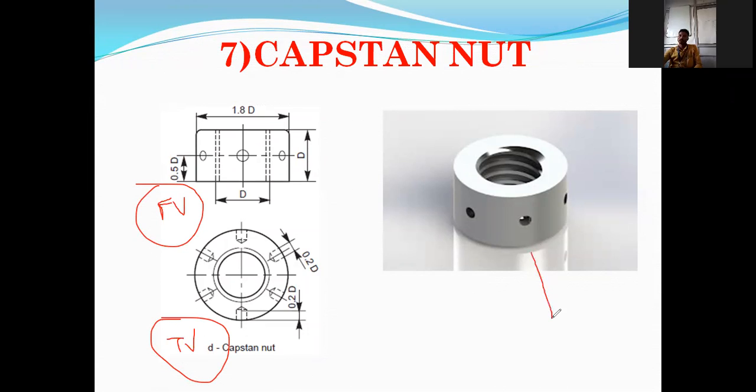Once you see in this direction, the hole which is just in front of you will look like a circle. What about this? Once you see from this side, will this hole look like a circle, or will the holes at the side look like circles, or something different? What will be the shape of that?